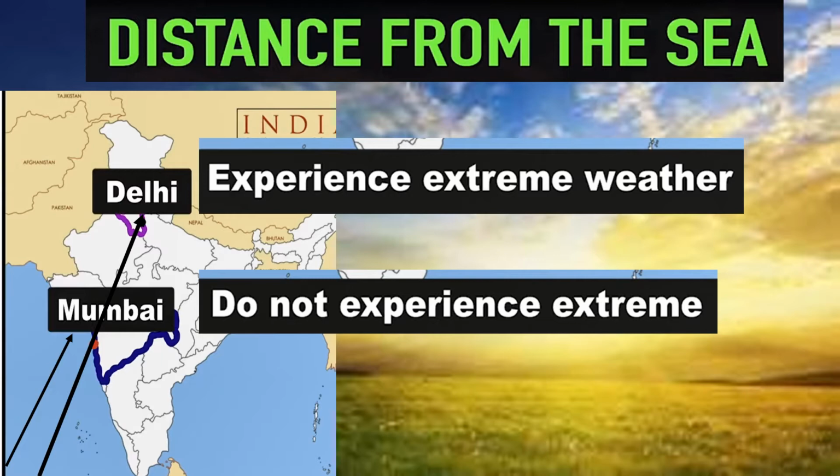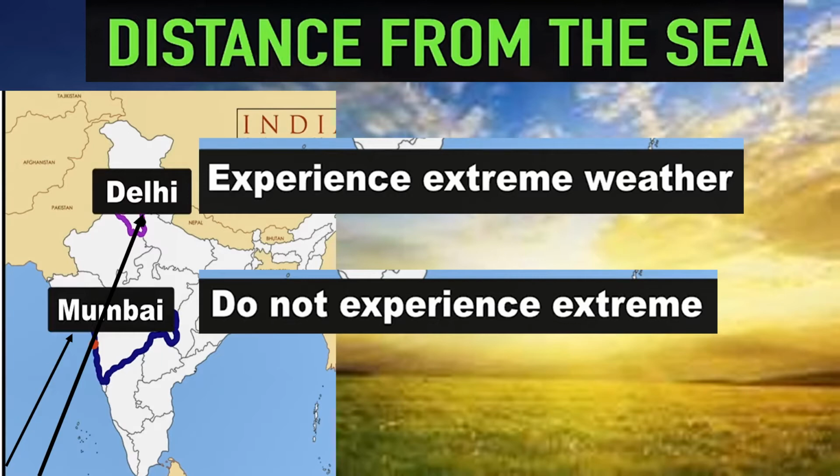Now let's look at another scenario where the place is in the interior, far away from the sea. Here, the moisture will not reach that place. So obviously, that place will have an extreme type of climate. That is, it will be very, very hot or very, very cold.